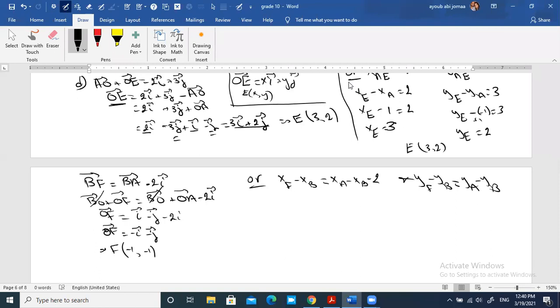So you have the vector negative 2I, which is actually negative 2I plus 0j. Then the y value is 0.